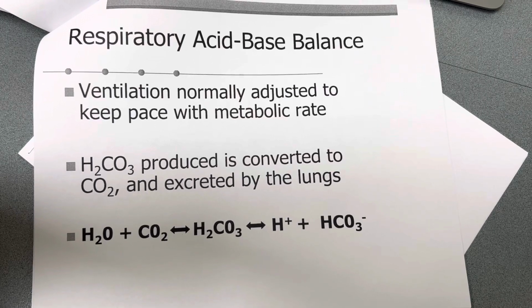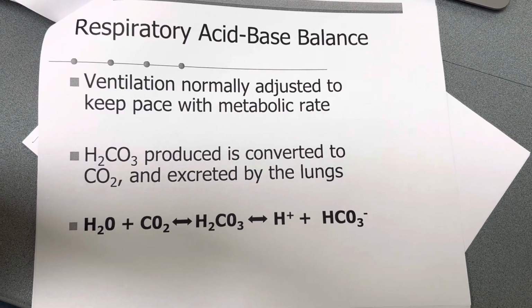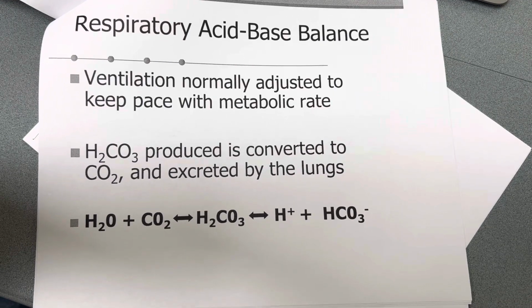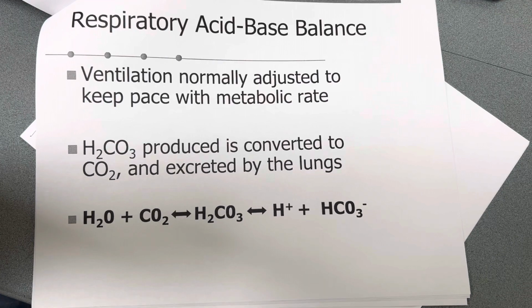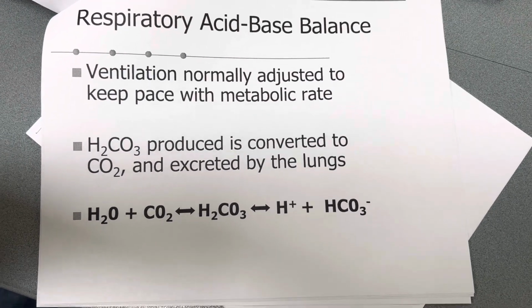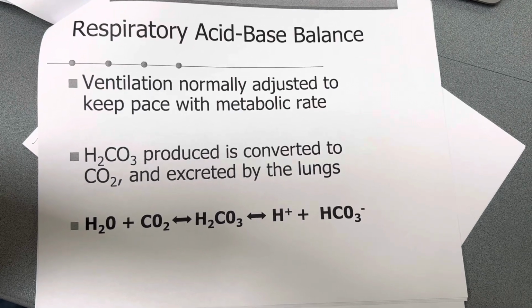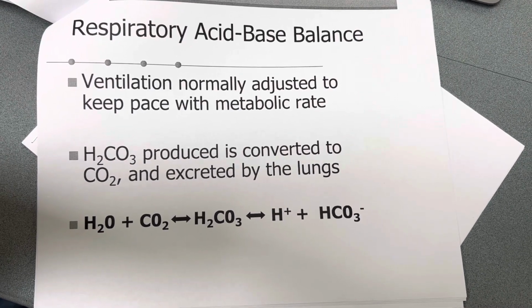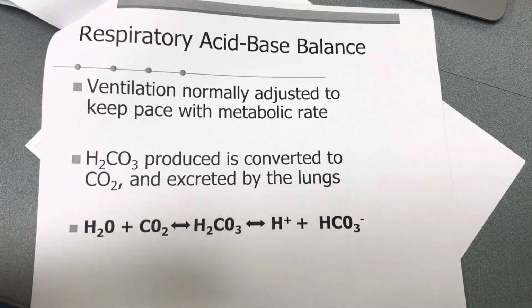Respiratory acid-base balance. Ventilation normally adjusts to keep pace with the metabolic rate. H2CO3 produced is converted to carbon dioxide and excreted by the lungs. H2O plus CO2, H2CO3, H plus HCO3.